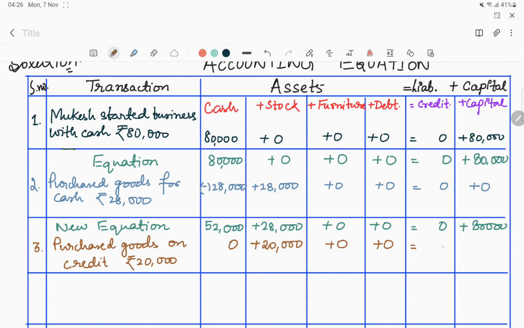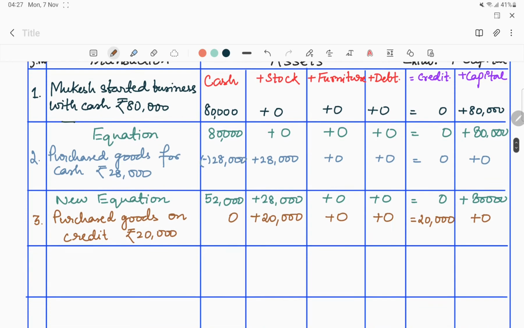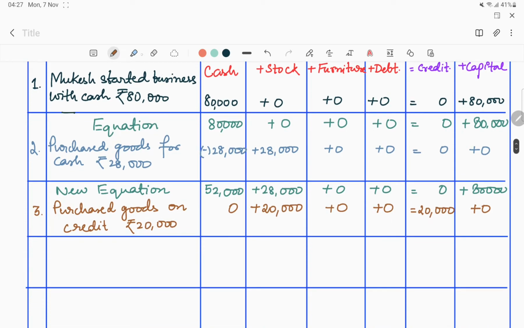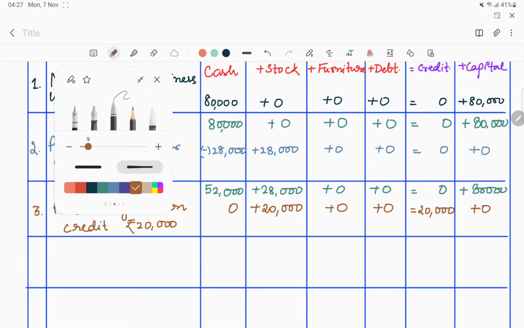Since he purchased goods on credit, you have to add liability here as a creditor amounting to rupees 20,000. No capital amount. Now let's see the new equation.